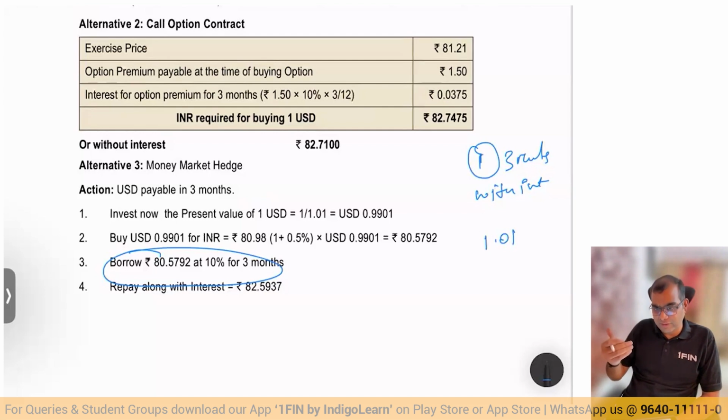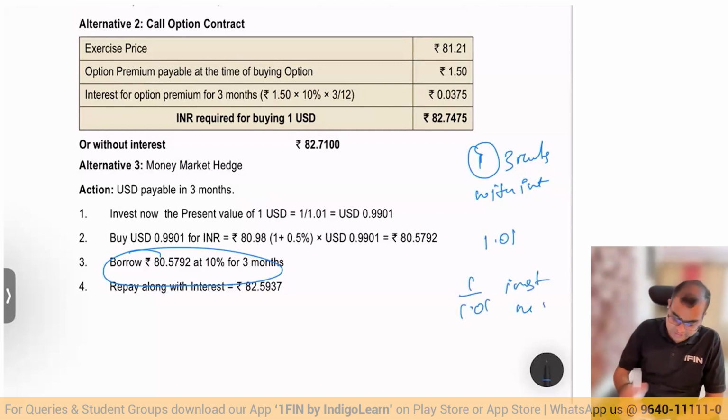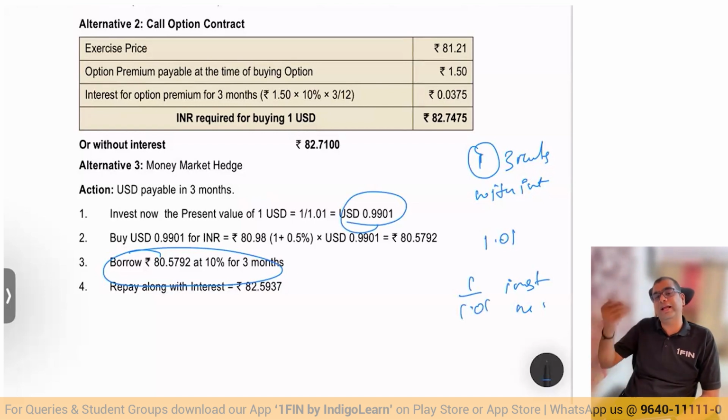That is, 1 by 1.01 is what I will invest in a deposit. What is 1 by 1.01? I think they've already given the number here, 0.9901. So I will invest 0.9901. If I invest 0.9901, at the end of 3 months, I will get $1. Because the interest rate on deposit is 4% per annum, 1% for 3 months.